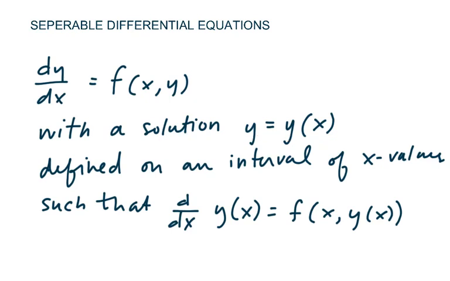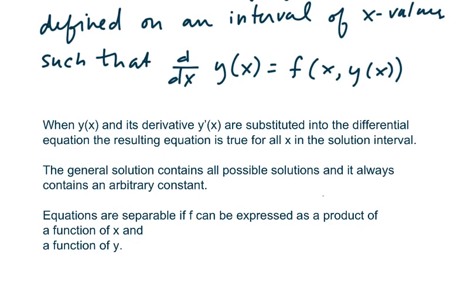So this is defined on an interval of x values such that the derivative of y being that function of x is f(x, y). When y, the function of x, and its derivative y prime of x, are substituted into the differential equation, the resulting equation is true for all x that exist on that solution interval.